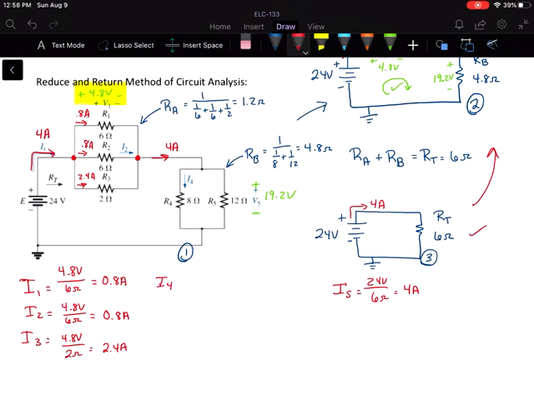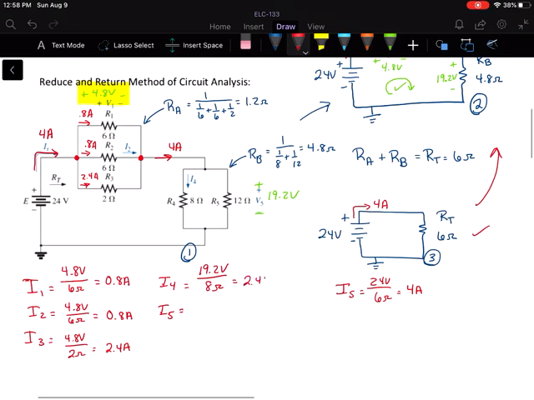And let's find I4 and I5. Now for R4, the voltage drop across that is 19.2 volts, and I've got 8 ohms of resistance there. So that gives me about 2.4 amperes. And then that same 19.2 volts across 12 ohms gives me 1.6 amperes here.